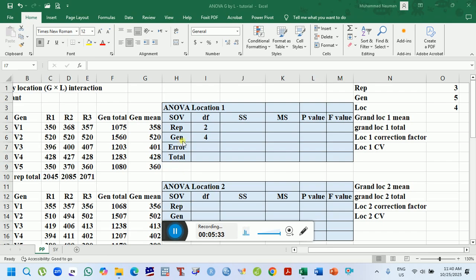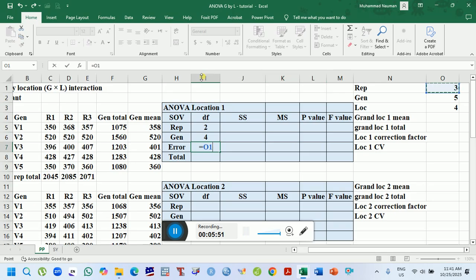The formula to calculate the error degree of freedom is number of genotype -1, multiplied by number of replication -1. So apply this formula in this cell, is equal to replication, type -1. Put this entry in one bracket in order to represent it as one term.